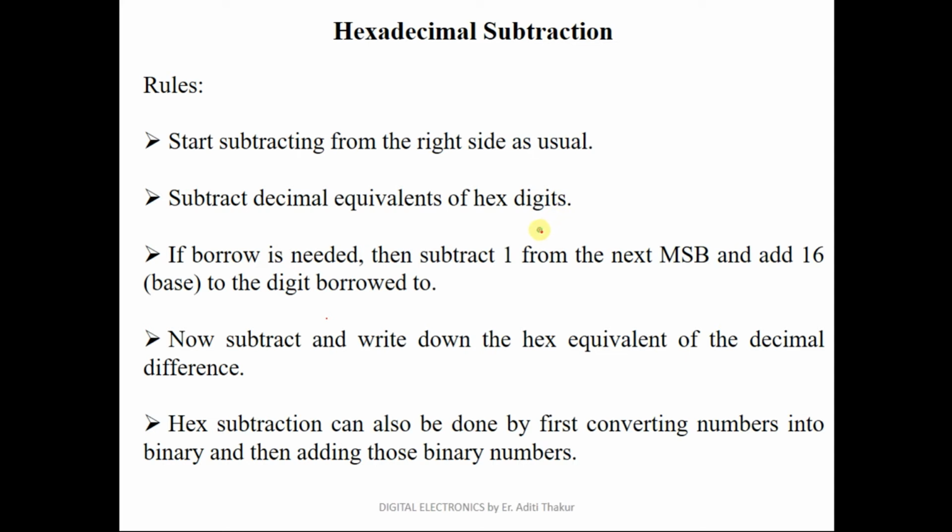So we will take one example of the decimal number system, in which we will subtract a bigger number from the smaller one. Let us suppose we have to subtract 46 from 73. In this case we will take a borrow from 7, so the 3 becomes 13. How does it become 13? We are taking 1 borrow, but we are adding the base of the number system to this 3.